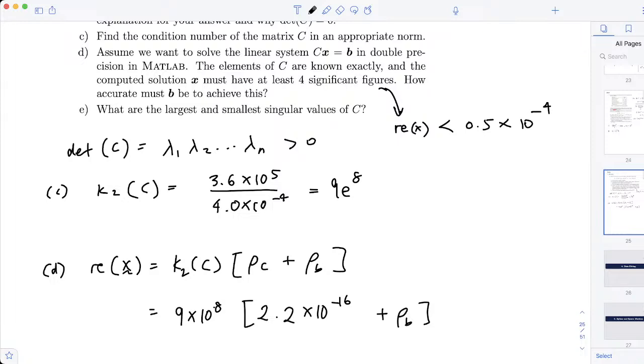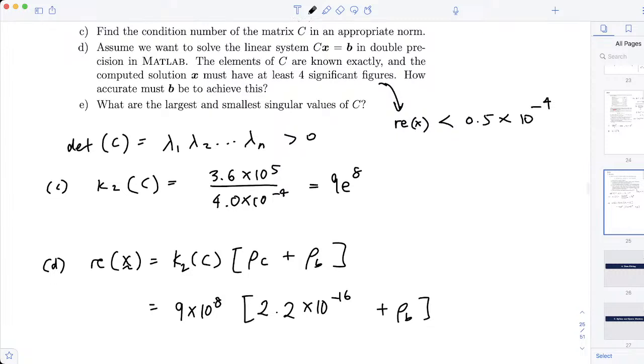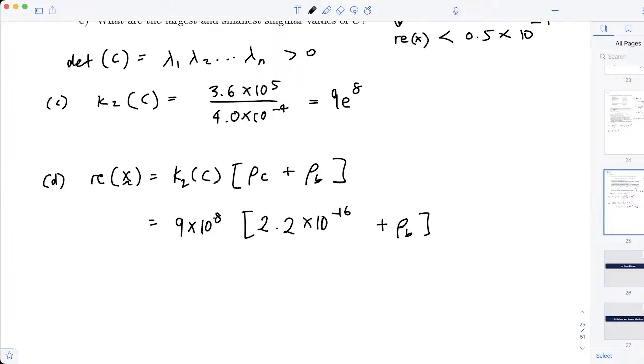If you want 10 significant figures, that becomes 10. If you want 1 significant figure, that becomes 1. So basically what we want to solve is this, and we want to make sure that it is less than that thing that I wrote up earlier, less than 0.5 times 10 to the negative 4.